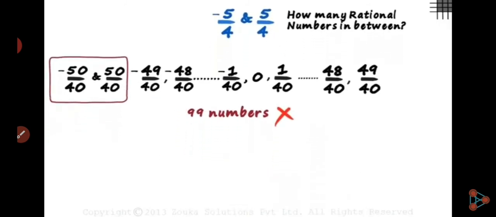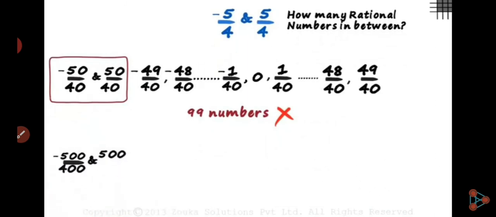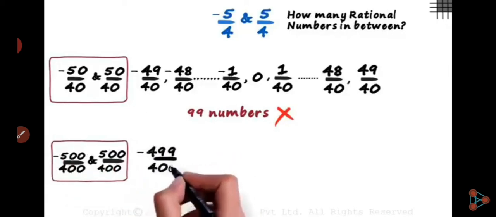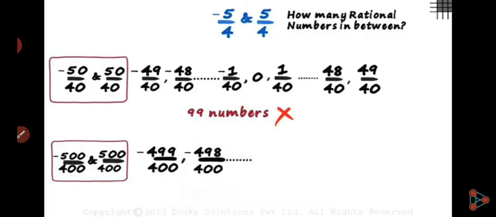We can write our original rational numbers as minus 500 by 400 and 500 by 400. Again, we wrote them differently. How many rational numbers exist between these two rational numbers? We can write them down as minus 499 by 400, minus 498 by 400, and so on.